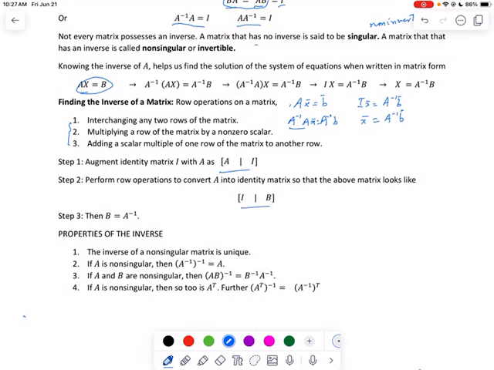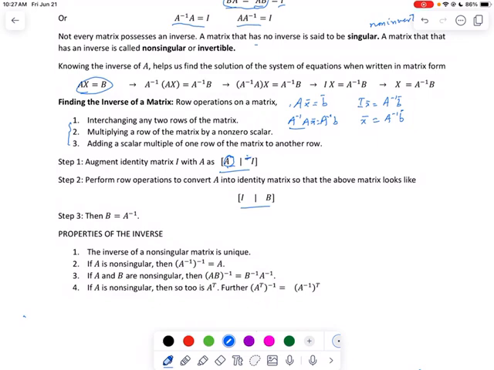Our goal is to change A into an identity matrix. So we do row operations to put this into the form of the identity matrix. As we do operations on this side, simultaneously we will be doing the operations on this matrix as well.